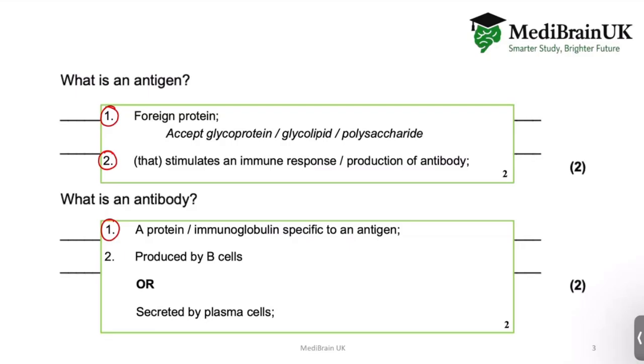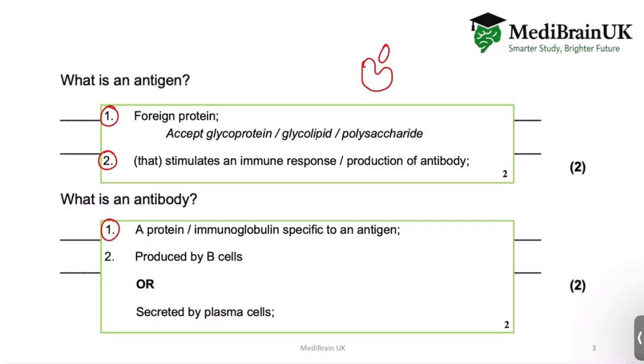If we think of an enzyme binding to its substrate, an antibody is something like this, binding to its antigen. So an antibody is also an example of a protein, and it's specific to an antigen. It's produced by B cells. Remember when we looked at our humoral response, B cells are the ones which produce your antibodies.